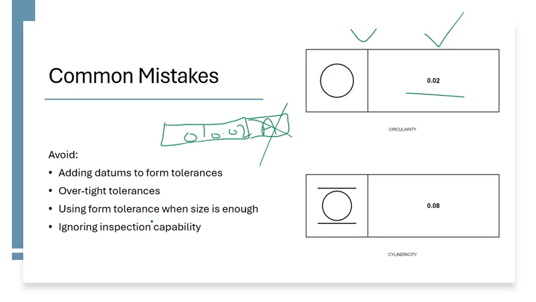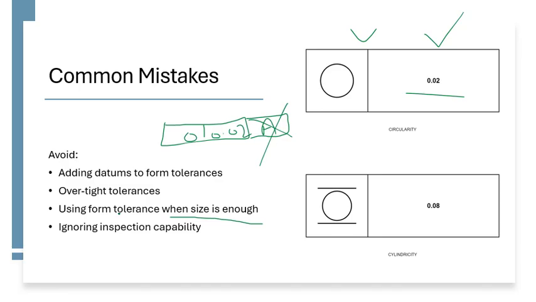And of course, you don't have to apply the form tolerance if your size is okay, pretty good. You don't really need to put in another tolerance zone to widen, which you already have a good fit in size. So if your size is already enough in your drawing or your inspection, we don't have to use a form tolerance again.